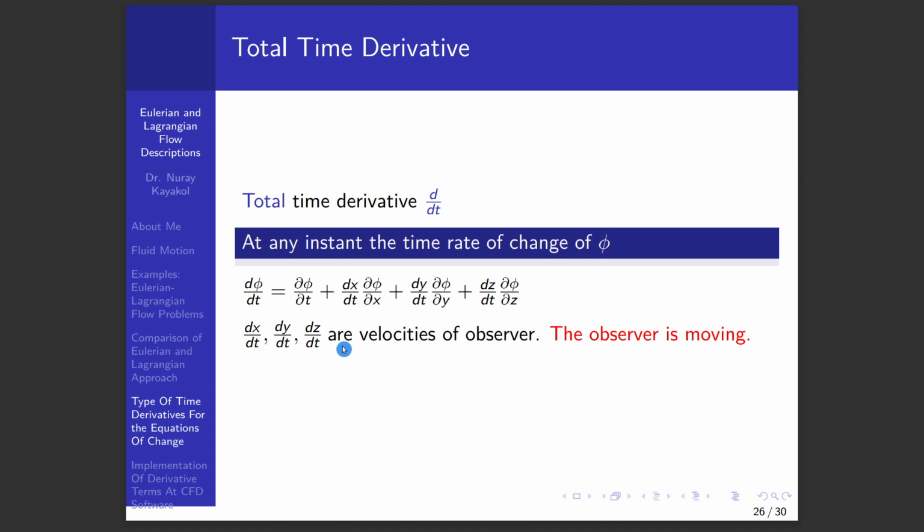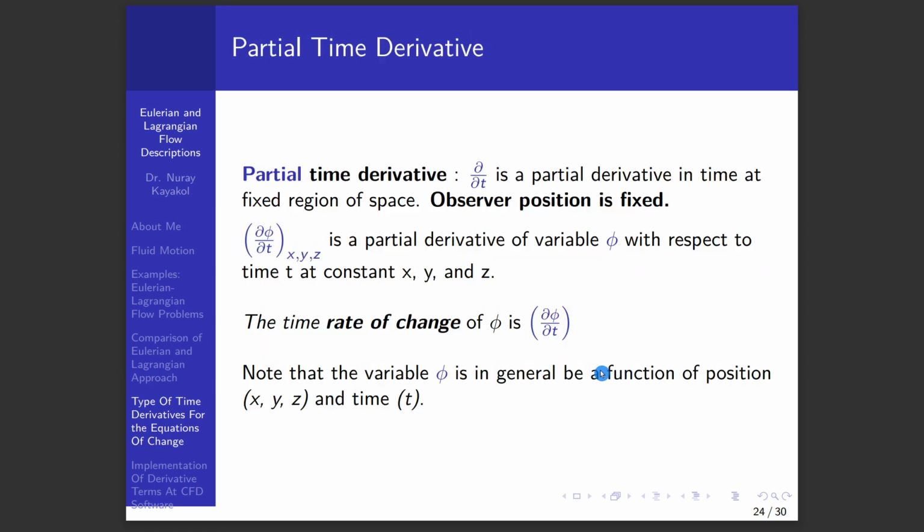These are the velocities of the observer. That means the observer is moving. If you consider the total time derivative, the observer is moving. What was the previous definition of partial derivative? Observer position is fixed.